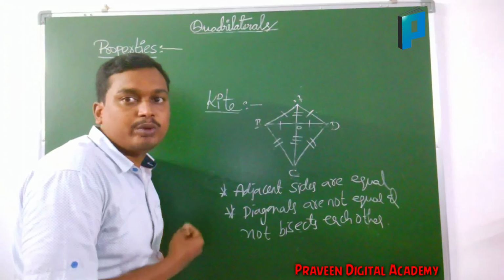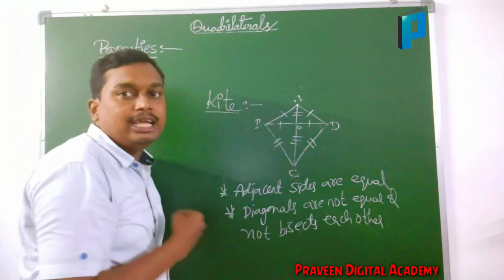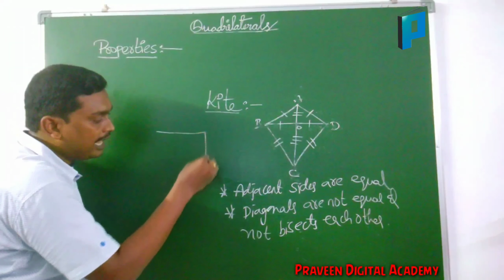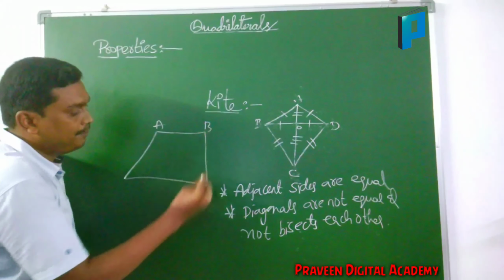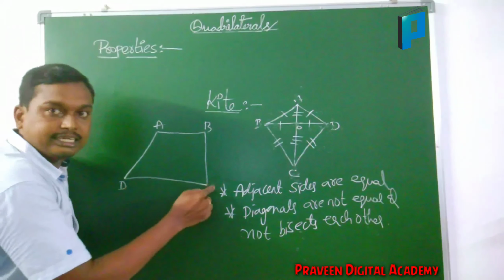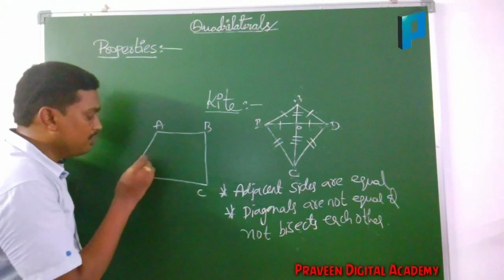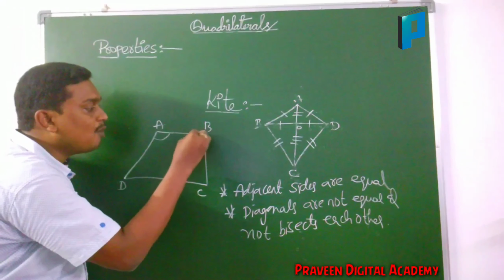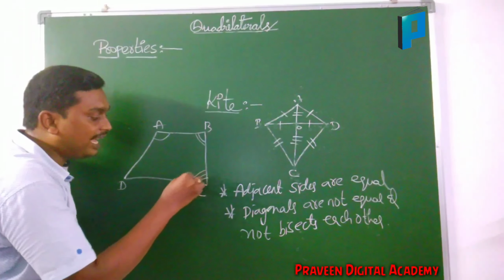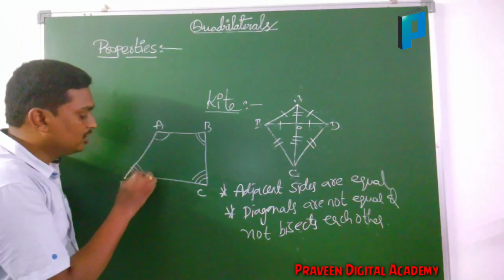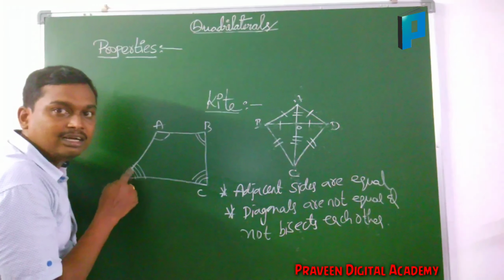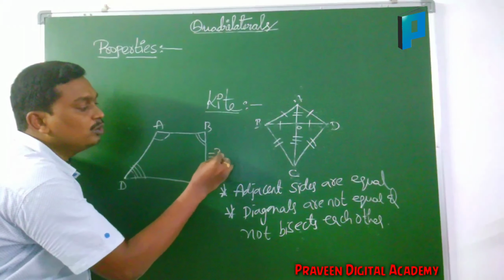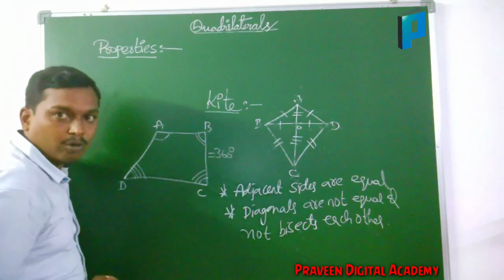All these figures we will call quadrilaterals. If ABCD is a trapezium, the sum of all interior angles of a quadrilateral is equal to 360 degrees always.